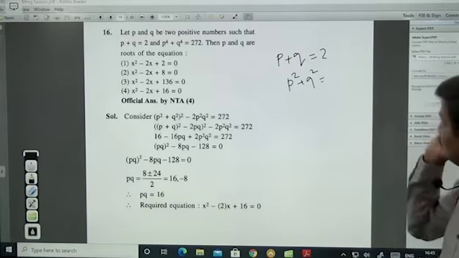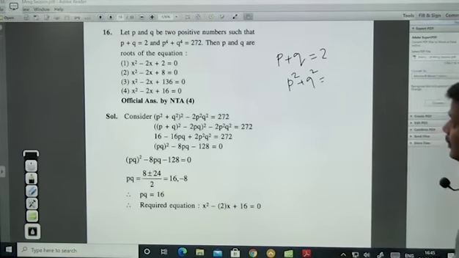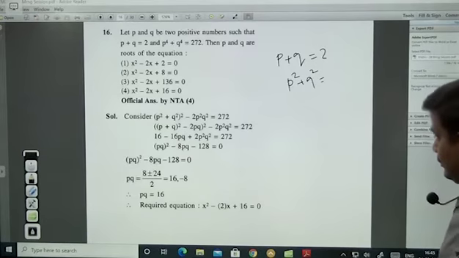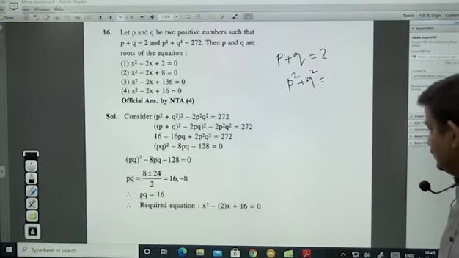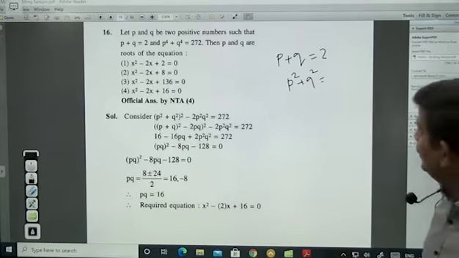P plus Q whole square. P and Q are two positive numbers. I think there is something messy with the question.